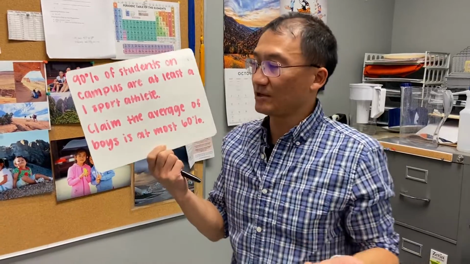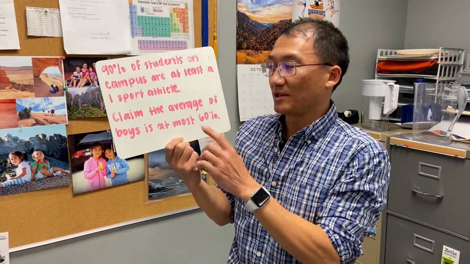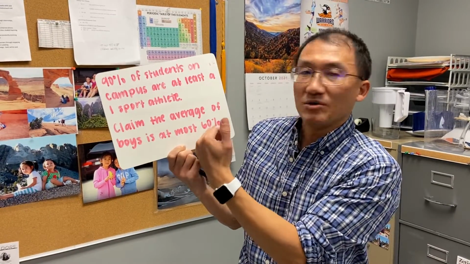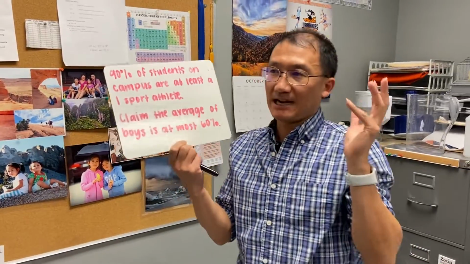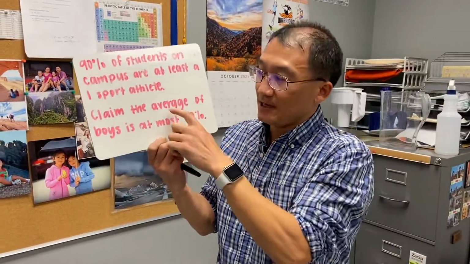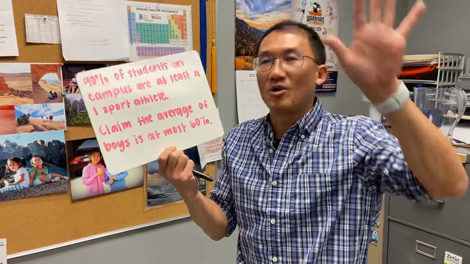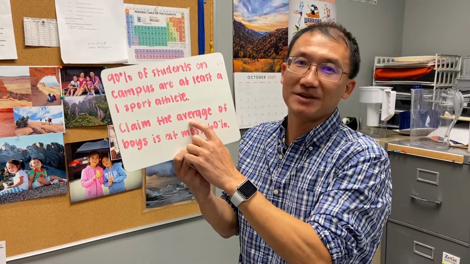When talking with the student, she told me that the intention was the percent of boys on campus is at most 60%. So to me, this is a claim about a percentage. By average boy, her intention was the normal person. So it seems to me this average is being abused right here.